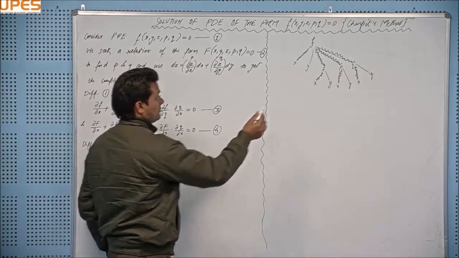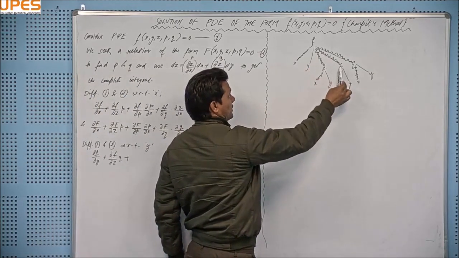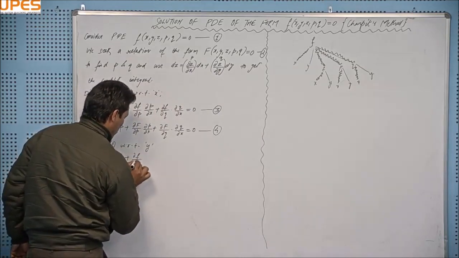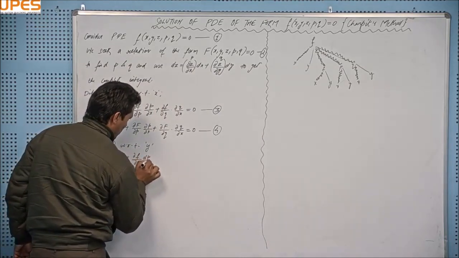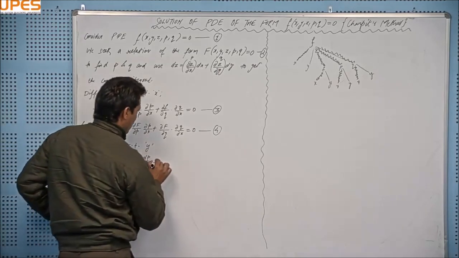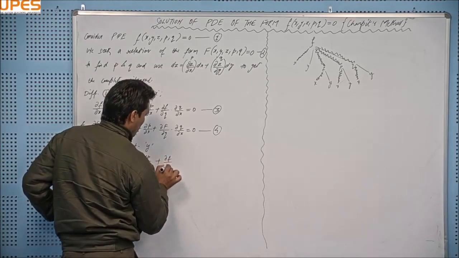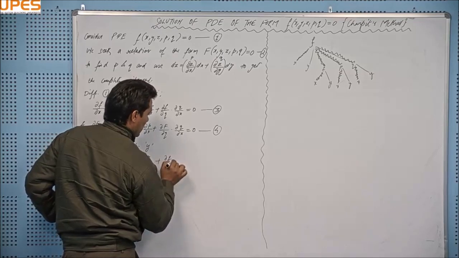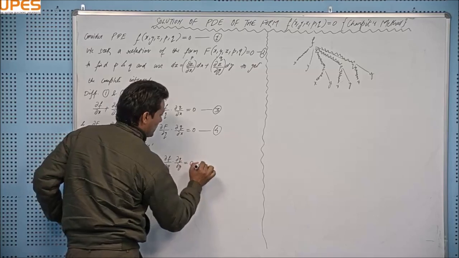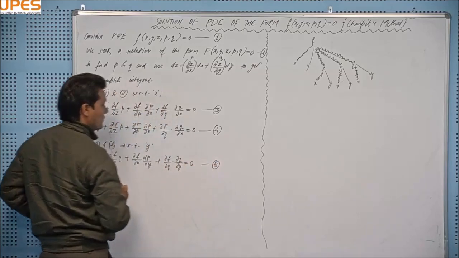Third path ∂f/∂p and then ∂p/∂y, ∂f/∂p and ∂p/∂y, right? Fourth term ∂f/∂q and then ∂q/∂y equal to 0. This is my equation number 5, right?